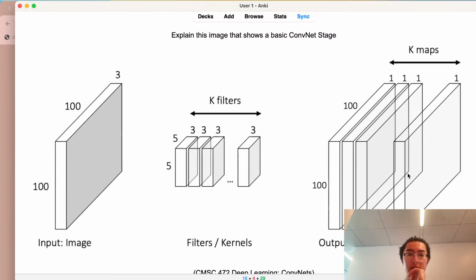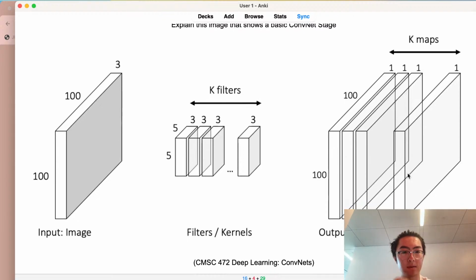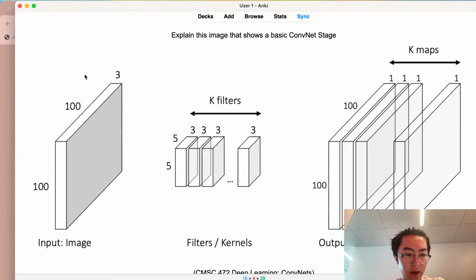So explain this image that shows a basic convolutional neural network stage. What this is showing is that we have one input image, we have k filters that are 5 by 5 by 3.